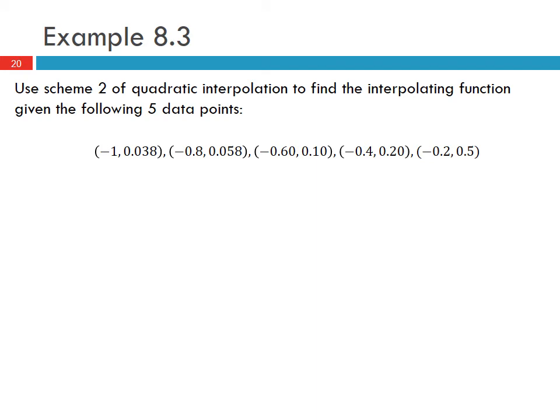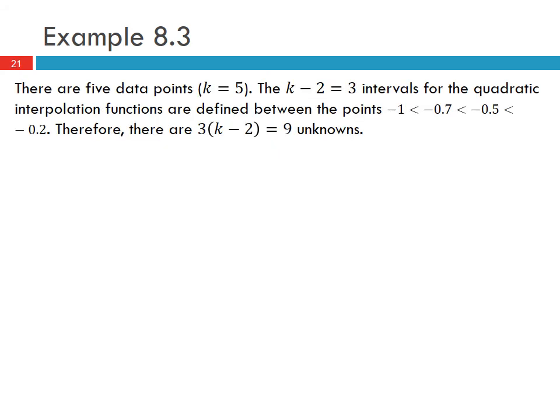So let's look at an example and use scheme 2 of the quadratic interpolation to find the interpolating function between the following 5 data points. So we have 5 data points, so that means we have k is equal to 5, and the k minus 2 equals 3 intervals for the quadratic interpolation functions are defined between the points minus 1 to minus 0.7, and then up to minus 0.5, and then to minus 0.2.